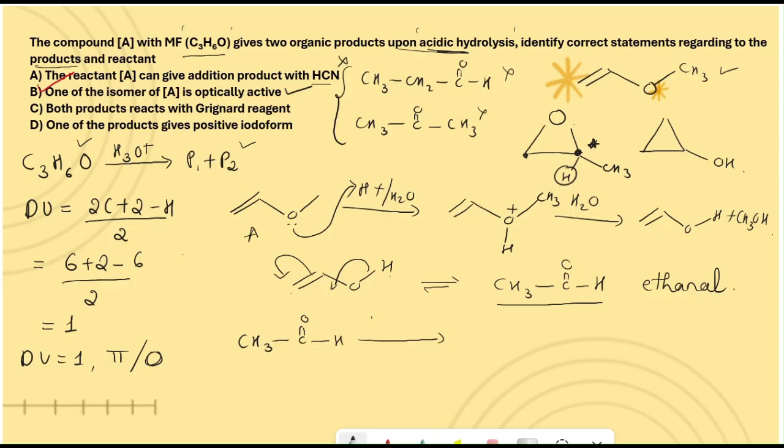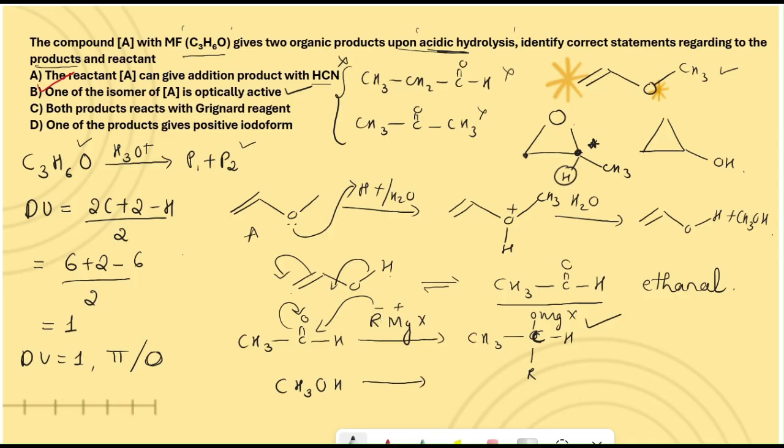Does it react with Grignard? Yes. What is the reaction here? I'll take it in general, like we can take specific also, methyl magnesium chloride, no problem. You can take either one of them. It undergoes an addition reaction, so you get OMgX with R and H on the carbon. Yes, it will undergo. What about methanol? Does methanol react with the Grignard? Yes.